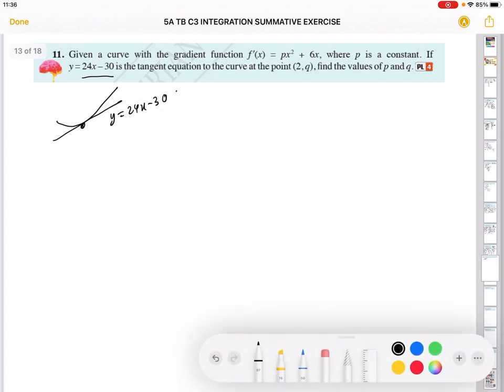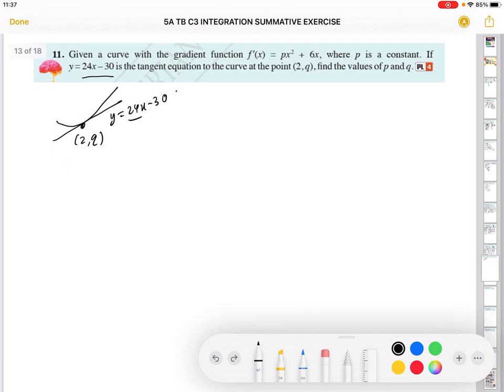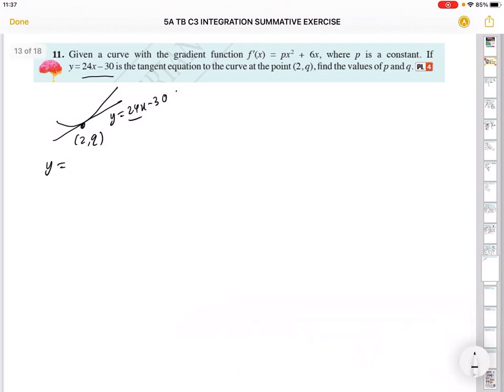At this point, your gradient is 24, isn't it? Yeah, your dy/dx or your f prime x, maybe I write f prime x here, because the equation of this line has a gradient of 24. So your f prime x must be 24 when your x is 2.